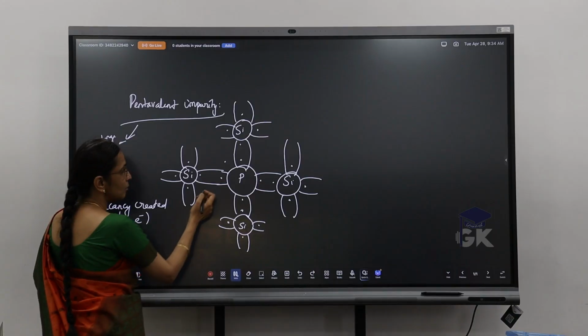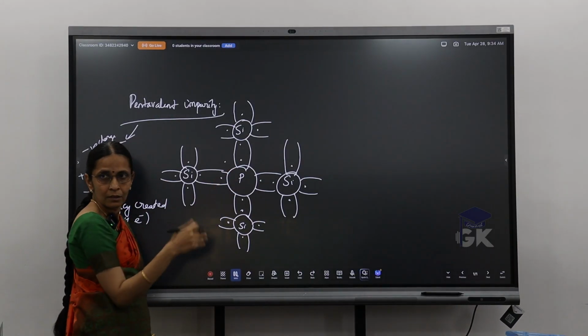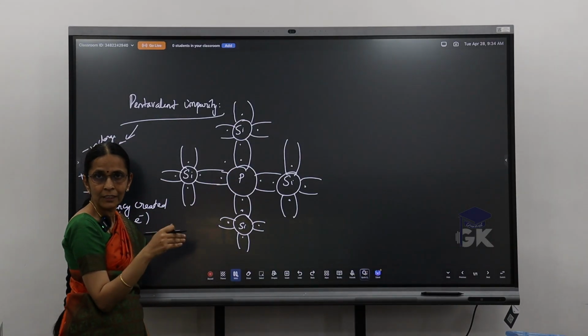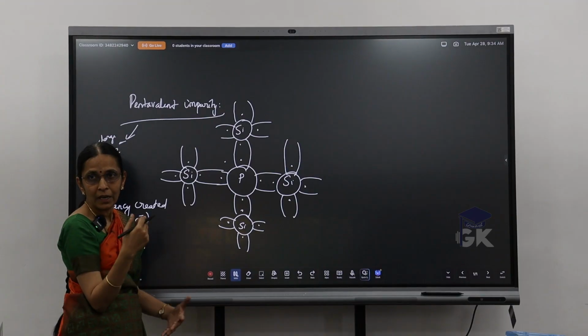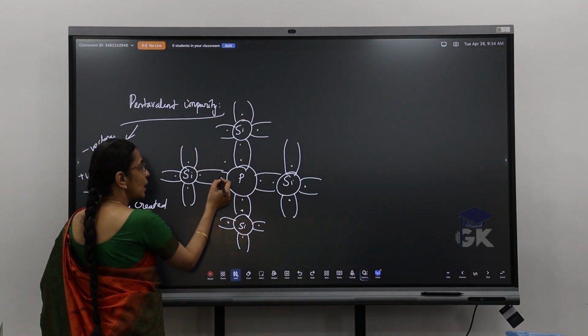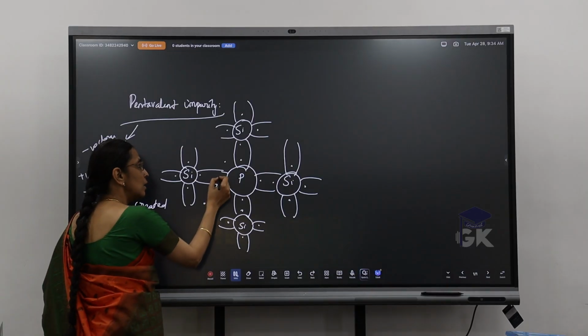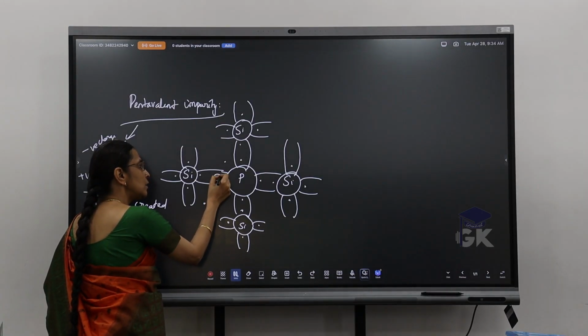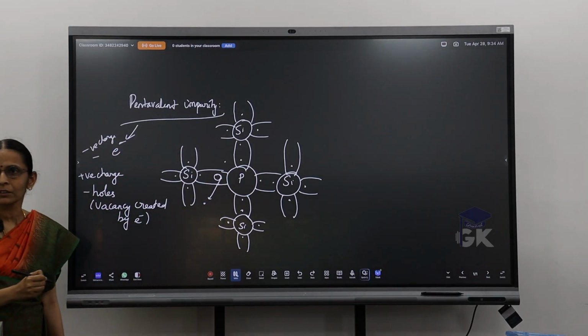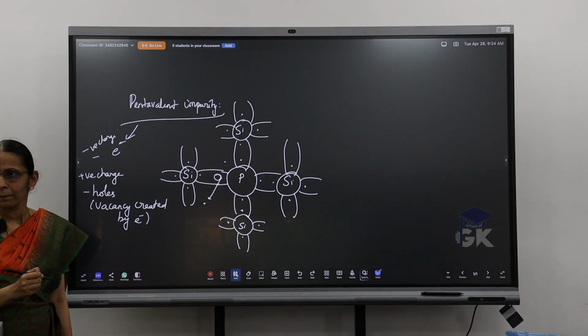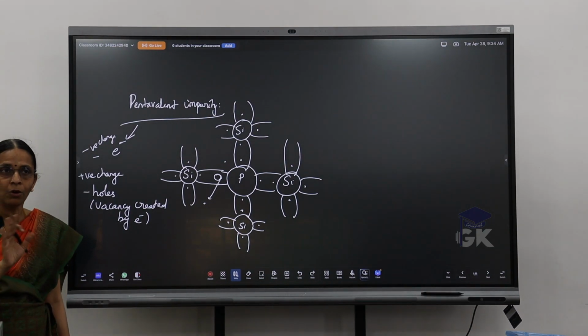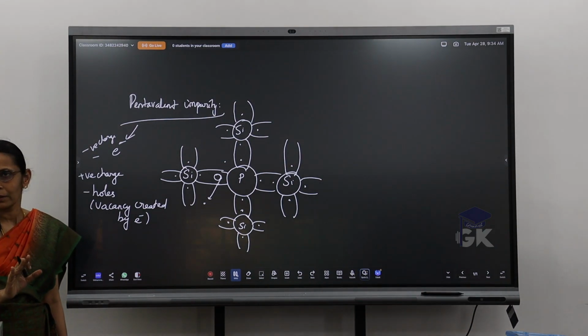So if my electron here is dislocated, let's say I give some potential, my electron gets dislocated and it is roaming here in the free lattice like this. This electron which is dislocated would have created what is called a hole there. So a hole is not physical, it is virtual.